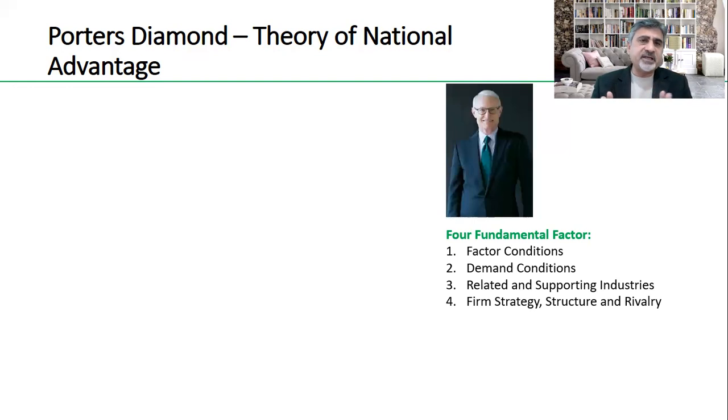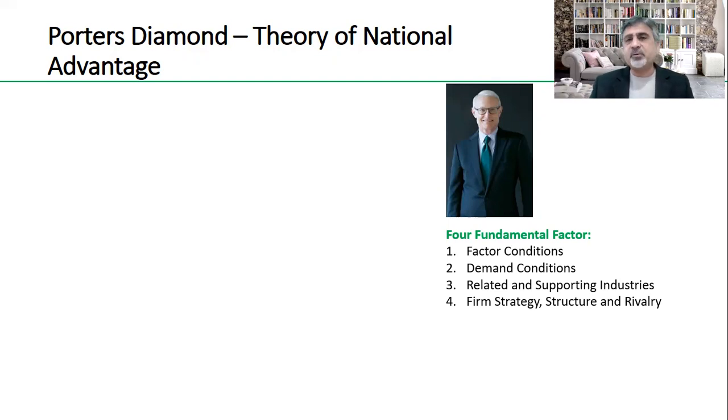So the first thing we analyze are factors which are needed in the production of goods and services. And then we call them basic factors and advanced factors. And then you have specialized factors as well. For example, if we speak about research, some countries have a lot of medical research facilities. They focus a lot.